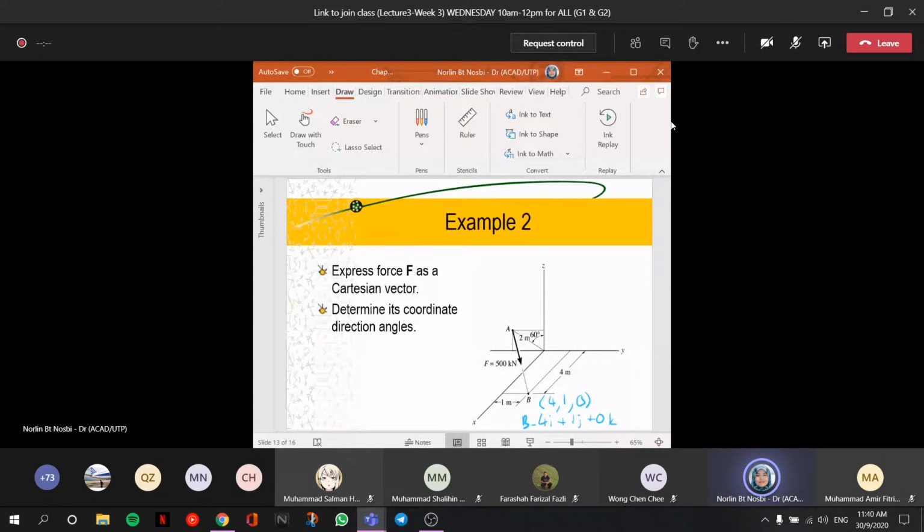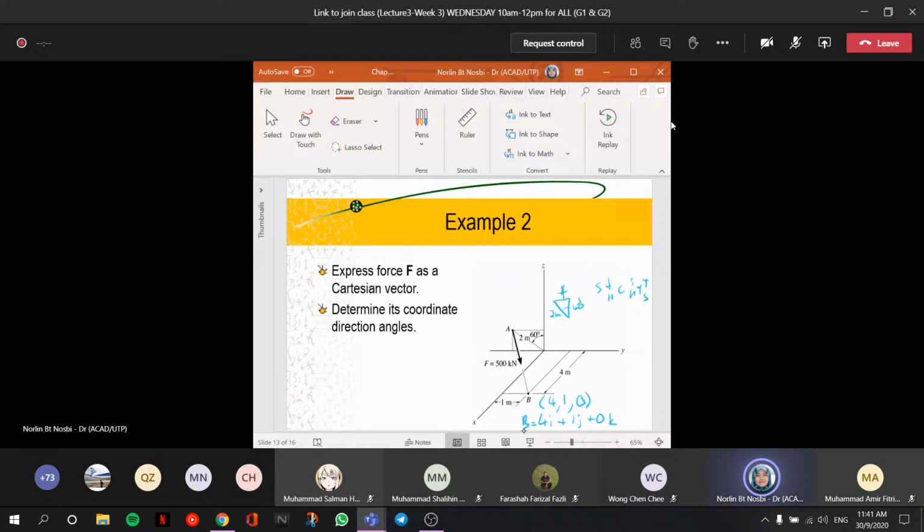Okay, how about A? How do you find A? You have to use the trigonometry rule, with 60 degrees and 2 as the hypotenuse.